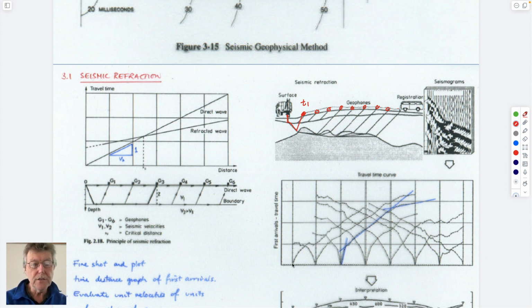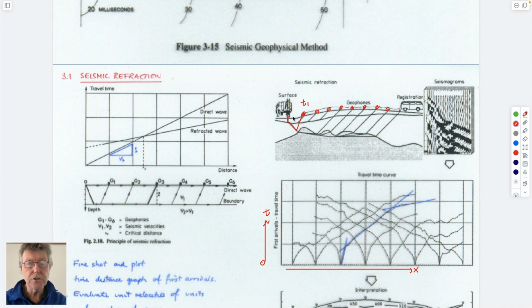If you locate where that geophone is, and you measure the time it takes to travel, this is the length in this direction, and this is the travel time here, and this is zero travel time.